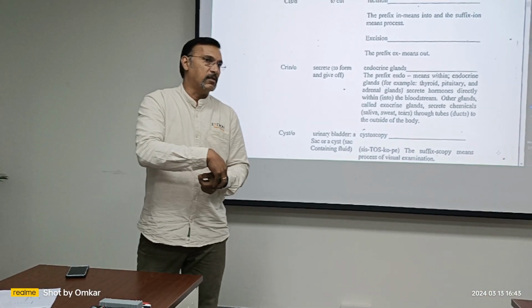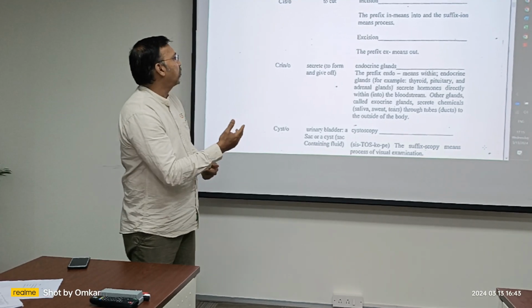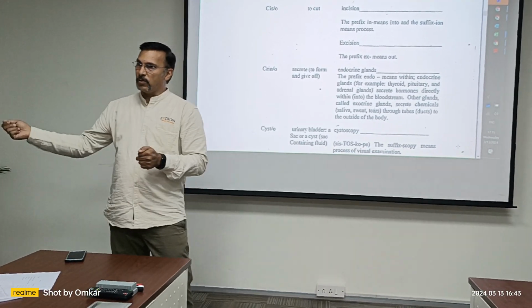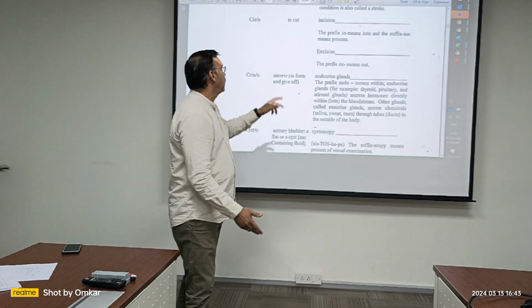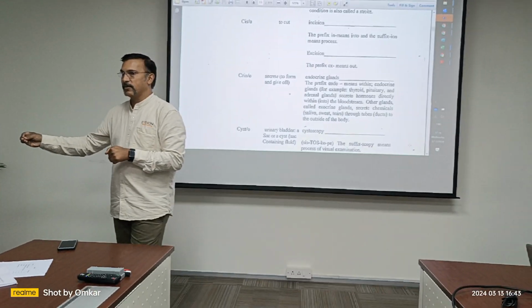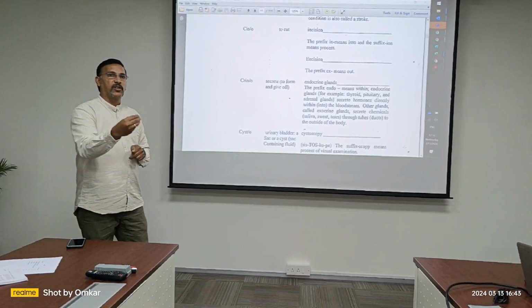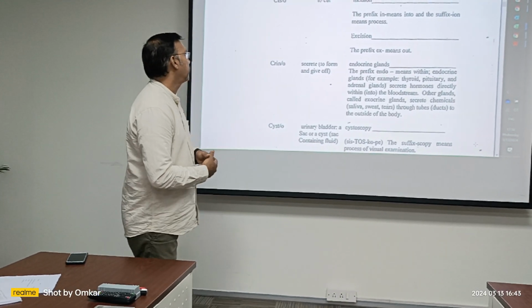To see what is there inside. Opposite that, we will have the process of cutting it out. Excision. Process of cutting out is excision. Means you want to remove that part of it, because it could be extra growth, which you do not want. So we do excision.